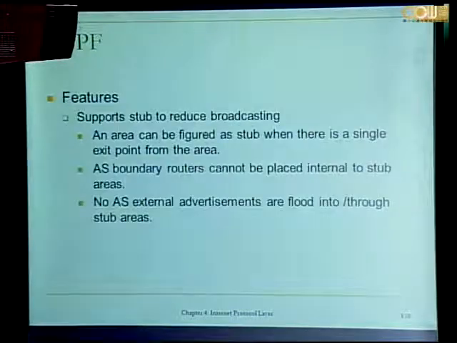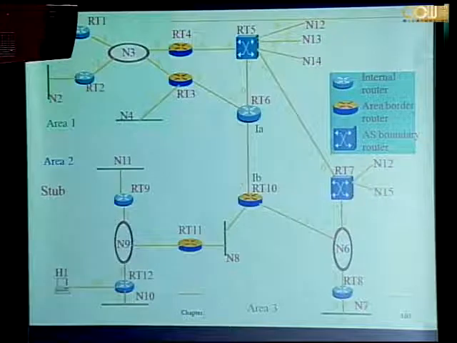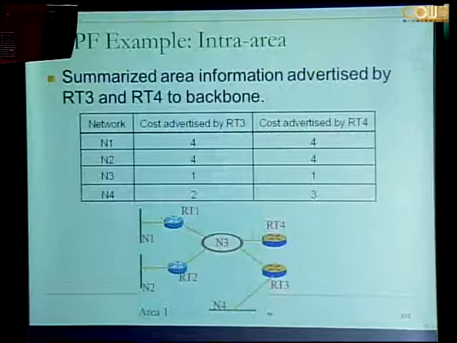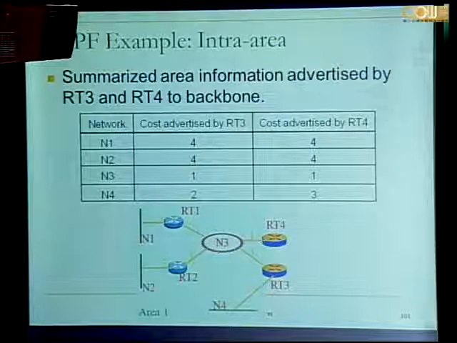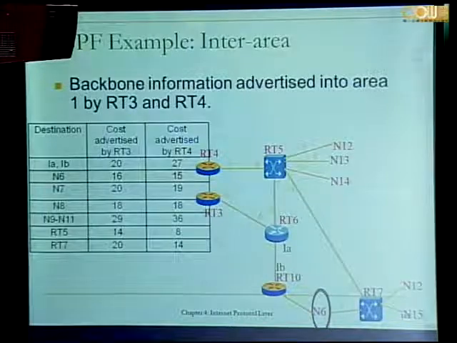Okay, and this is an example, a large network with three areas. Then you can have intra-area routing that will render this routing table, or inter-area routing with another routing table.